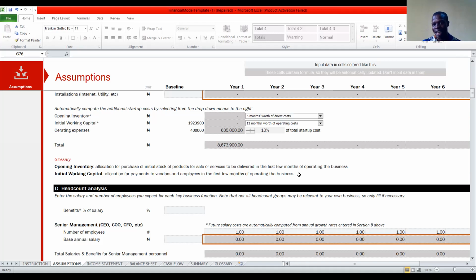So it's asking for 3 months of fixed cost. That is 1.2 million. So operating expenses is 1,200,000.